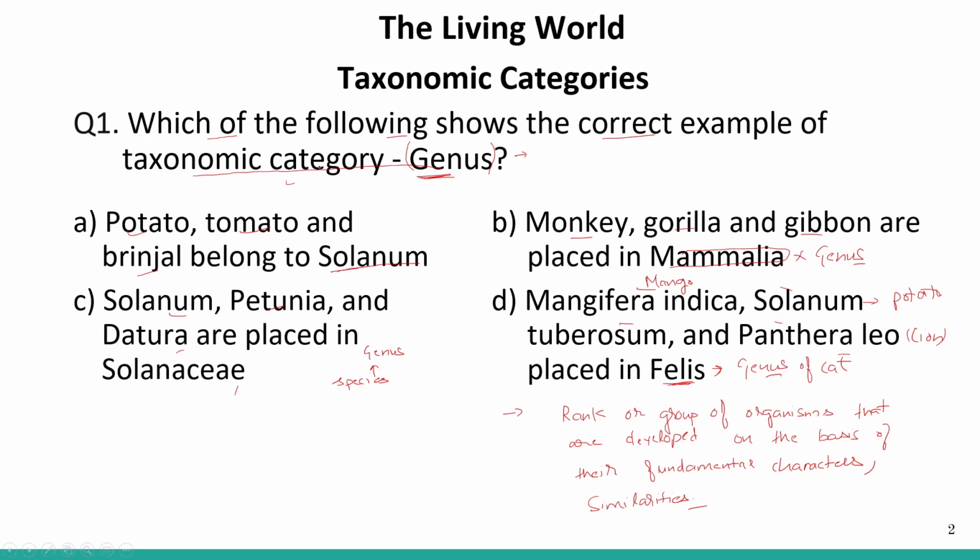Now coming back to option A. Potato, what is the scientific name? Potato, the scientific name is Solanum tuberosum, so the genus is Solanum. Then tomato. What is the scientific name of tomato?